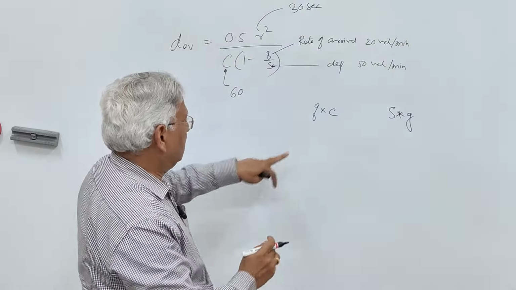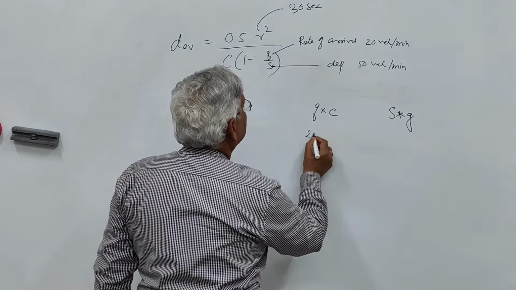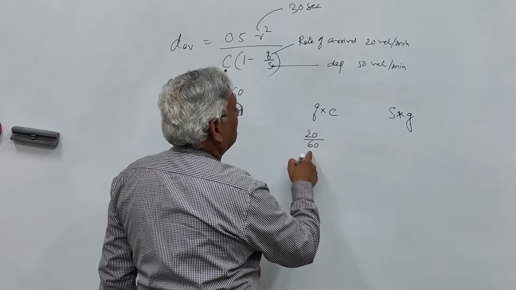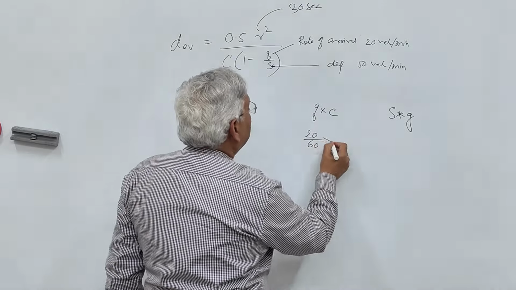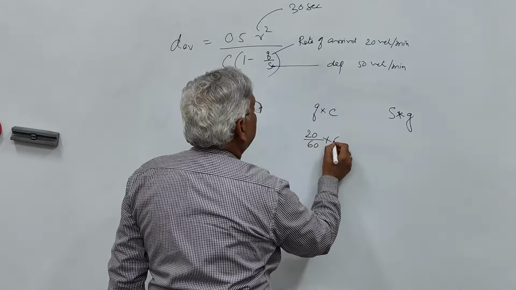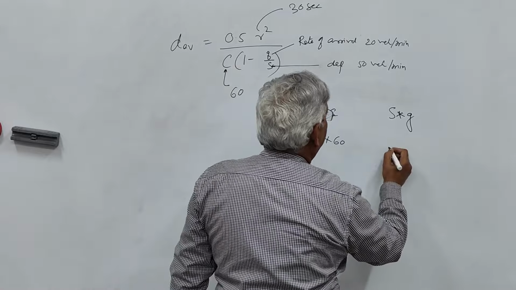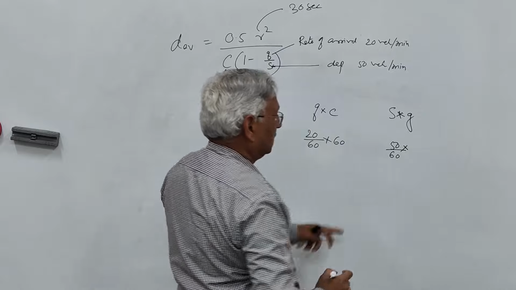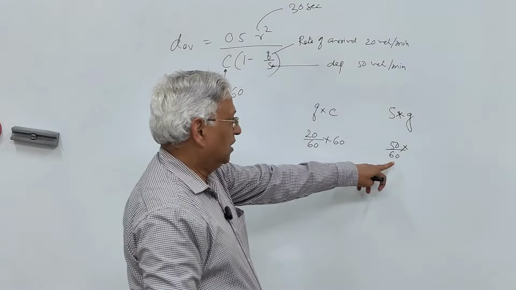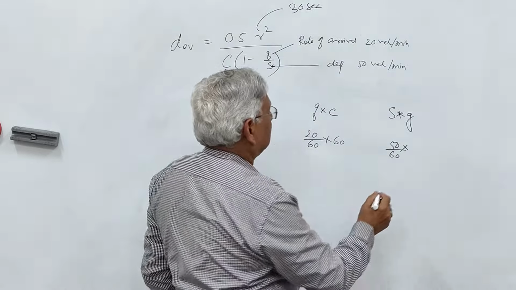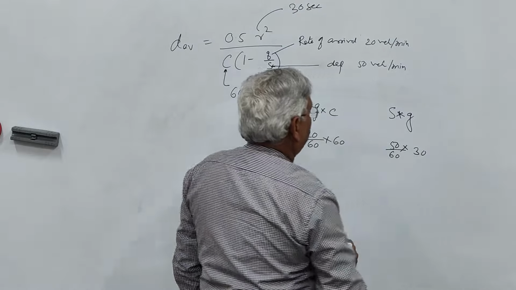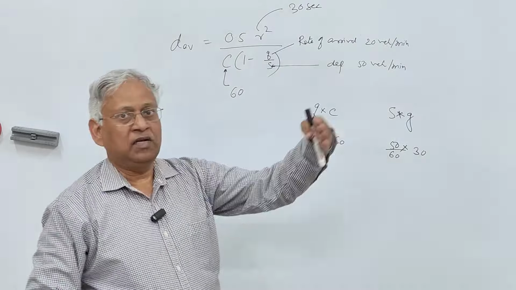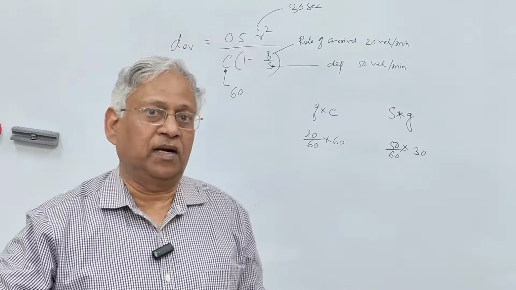Now, Q into C. Q is 20 vehicles per minute. So, you can say 20 by 60 per second multiplied by cycle length 60, and S is 50 upon 60 per second multiplied by green time, that is 30 seconds. This value should be less than this value. How many vehicles are arriving and how many vehicles are departing?